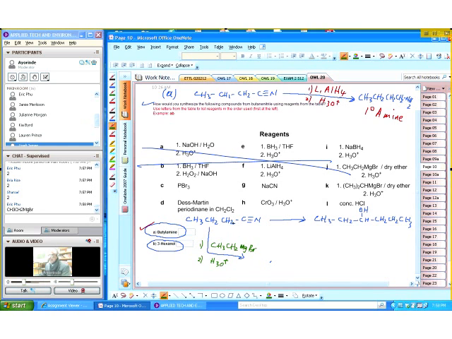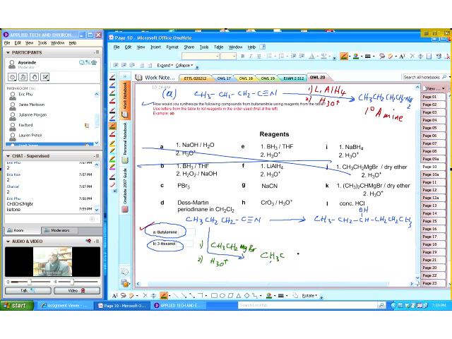and that will give you, what would this give us? A Grignard reacting with a nitrile. What will it give us? That is the right step. Excellent, it will give us a ketone.